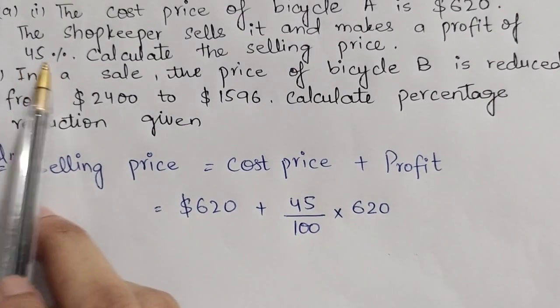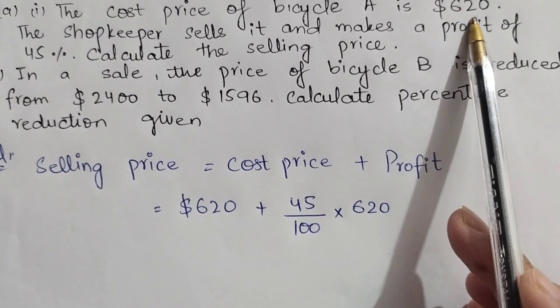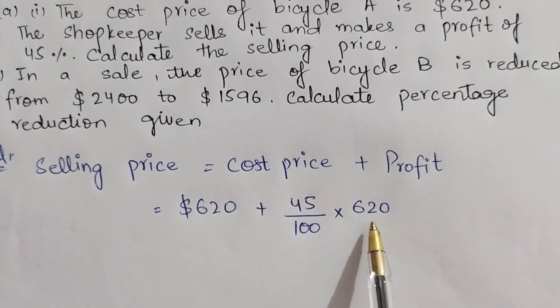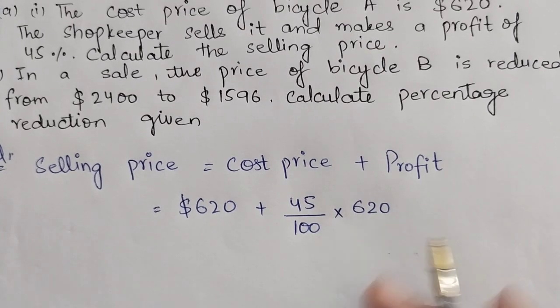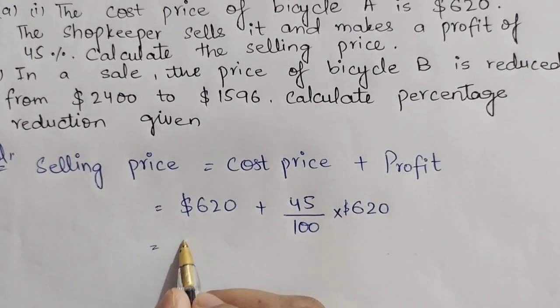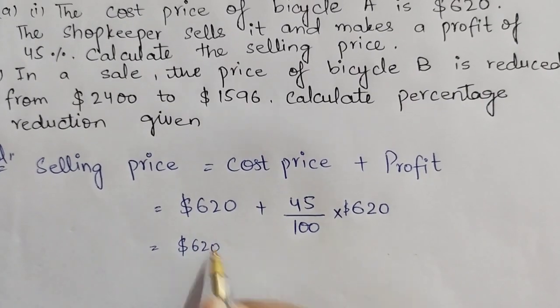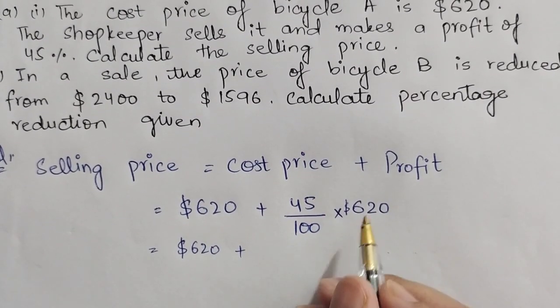You have to calculate 45% of what value? So 45% of the given value. So I write 45 divided by 100 multiplied by $620. Now simply solve it. $620 remains the same, plus 45 divided by 100 multiplied by 620.